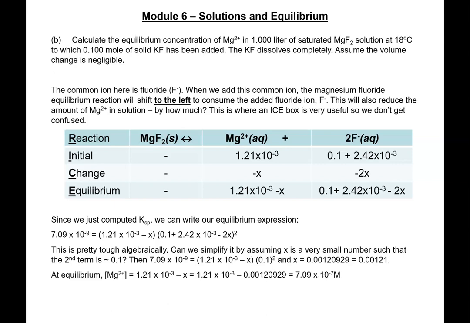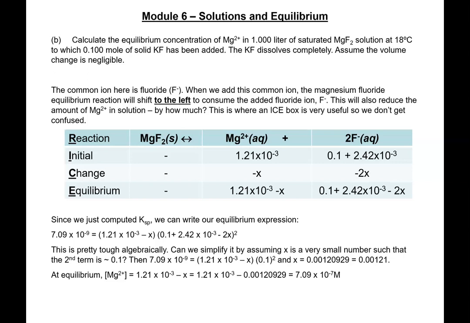So at equilibrium then, the magnesium concentration will be 1.21 times 10 to the minus third minus our value of x, which we write in its entirety, otherwise we would get 0. As it is, we get a pretty small number.